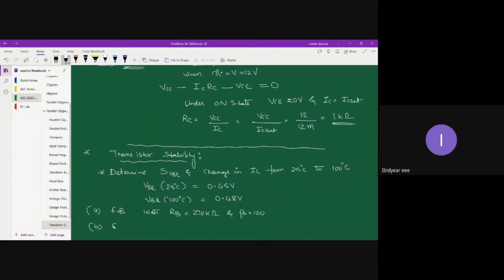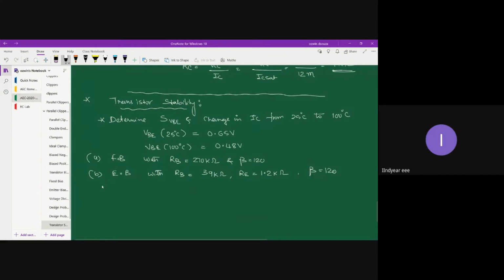Second, emitter bias. Okay, I'll use the short form. EB means emitter bias with RB is equal to 39 kilo ohm, RE is equal to 1.2 kilo ohm, and beta is equal to 120.